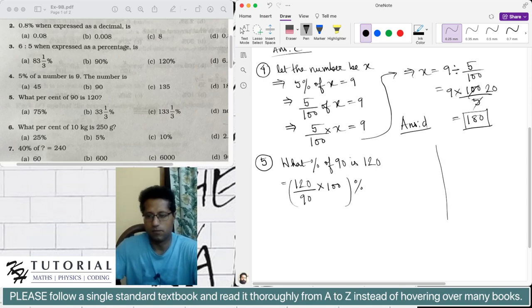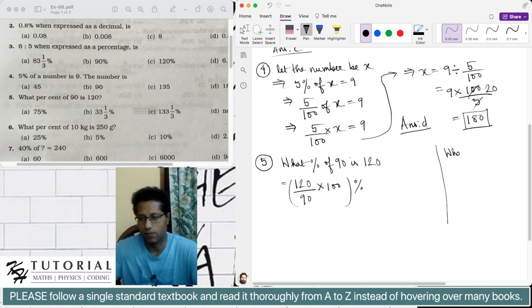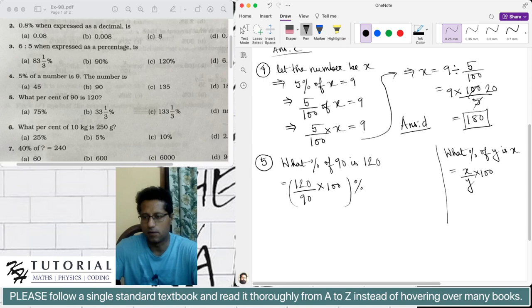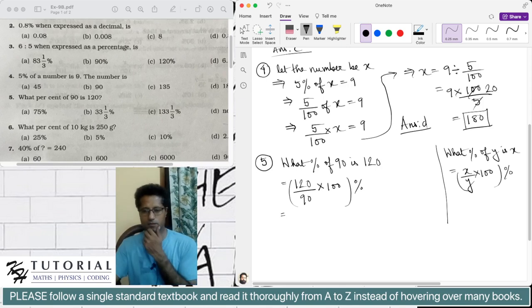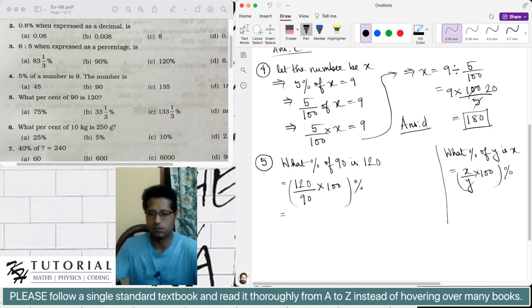So we know that when we have to find what percent of y is x, this is equal to x by y multiplied by 100 percentage. So in this problem we have 120 by 90 multiplied by 100 percentage.